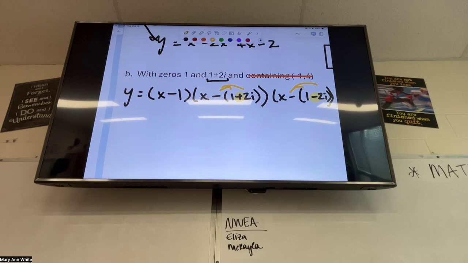Just kind of weird having a two-parter instead of just a one number. But we can simplify it. So distribute that negative to everything and then we'll distribute. X minus 1 minus 2i and then x minus 1 plus 2i.